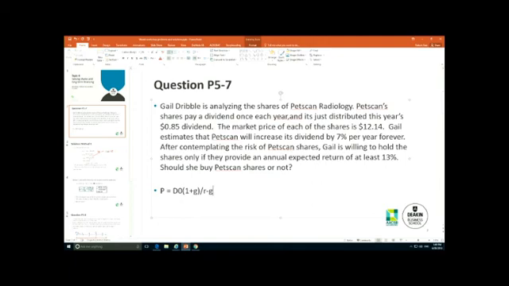And in this question, share price is given. 12.14 is equal to D0, 0.85, times 1 plus 7% divided by R minus 7%. And the question is asking you to solve R. Now solve it.